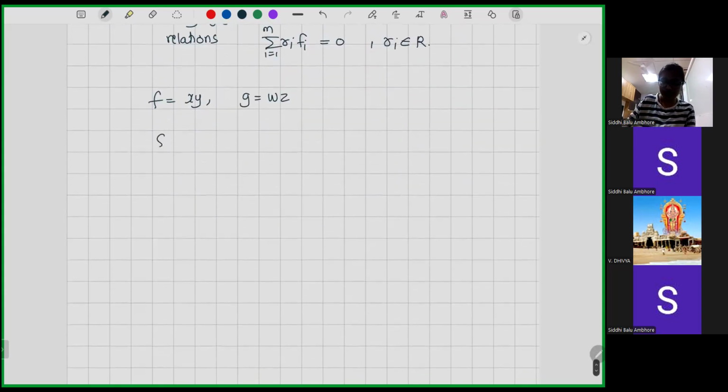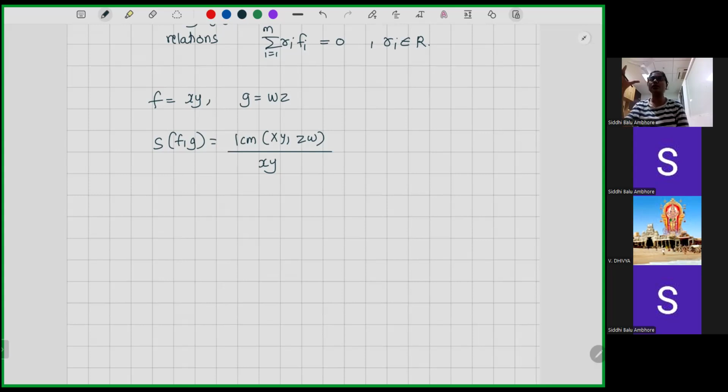Then S of F, comma G is again LCM of XY, comma ZW divided by XY, times CF, which is just 1, the coefficient of the leading term. Here polynomials F and G are just monomials, so the leading term is the polynomial itself.